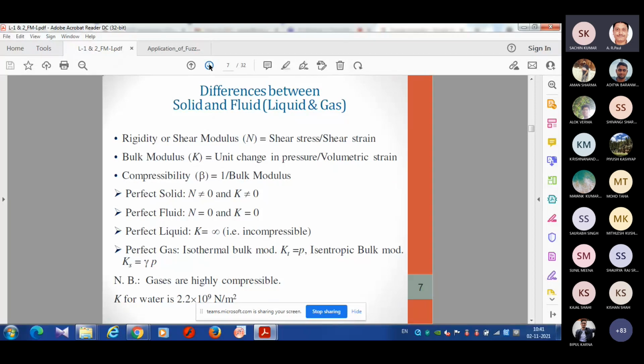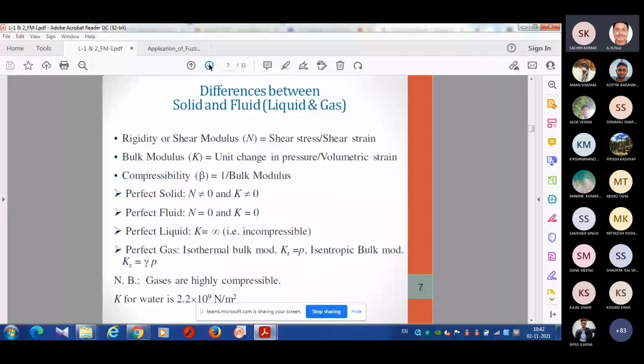Then the perfect gas. For a perfect gas, bulk modulus will be of two types. Two bulk moduli will exist. One is the isothermal bulk modulus, the other is the isentropic bulk modulus. These are two thermal conditions. If you maintain the temperature of the gas constant, then the isothermal bulk modulus will be equal to the pressure of the gas.